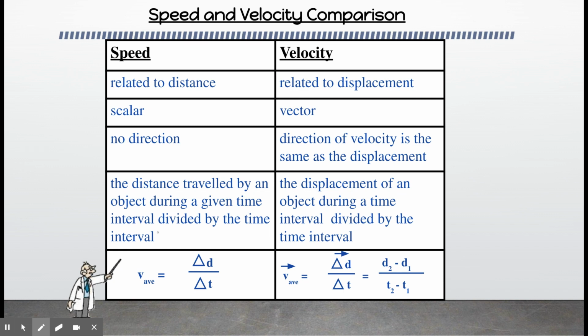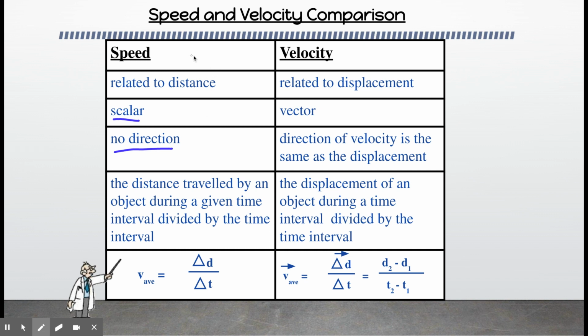So speed is a scalar, okay, which means that it has no direction. So no north, south, east, west, up, down, left, right. It is related to distance.